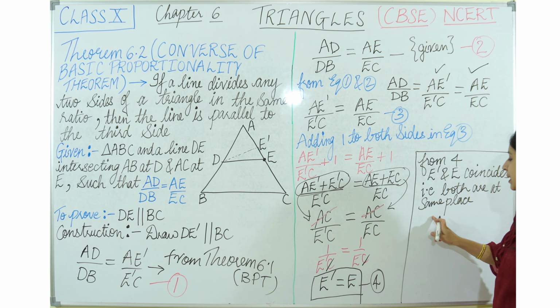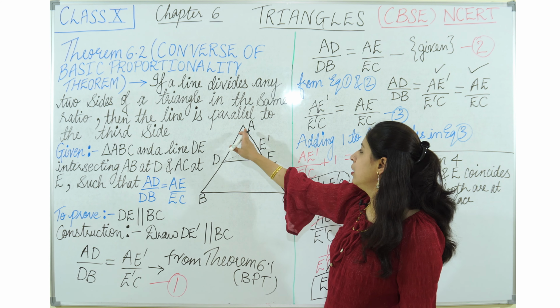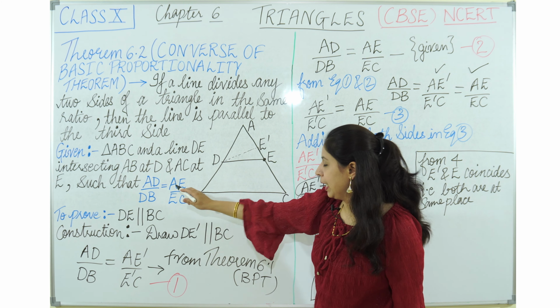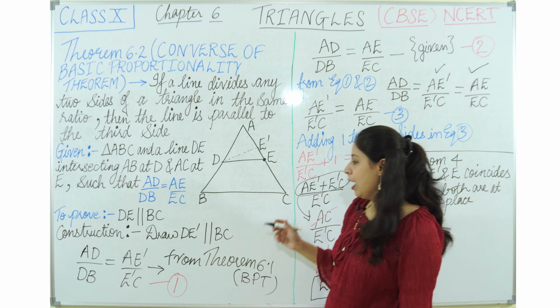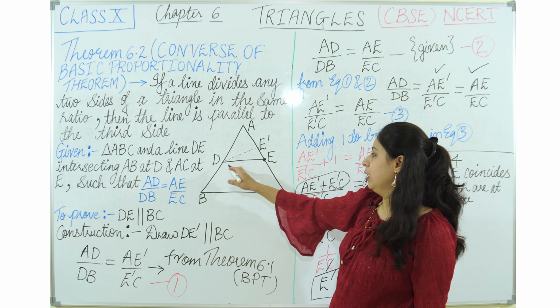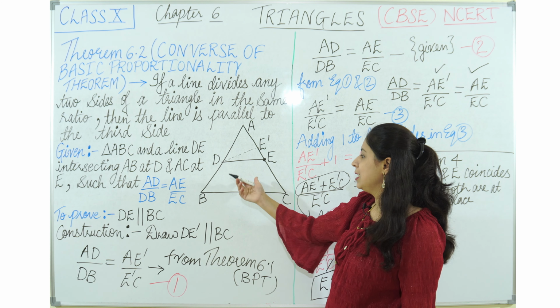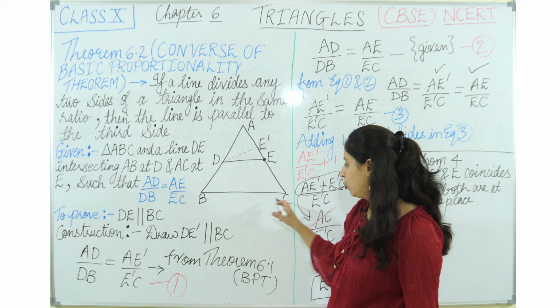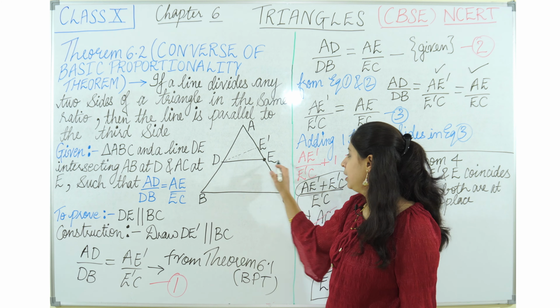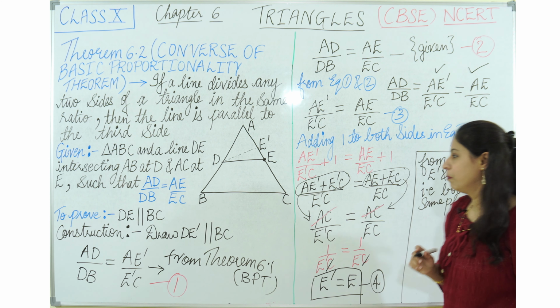So we can easily say that it is given to us that AE upon EC is equal to AD upon DB, and we have already assumed DE dash parallel to BC. So we can easily say that DE dash is parallel to BC. Similarly, DE will also be parallel to BC.